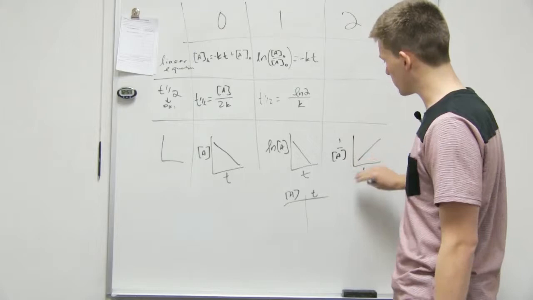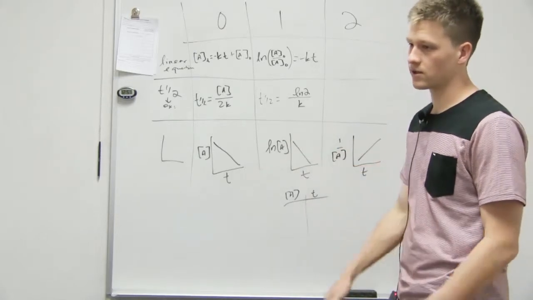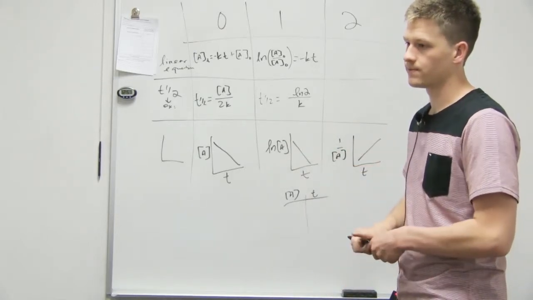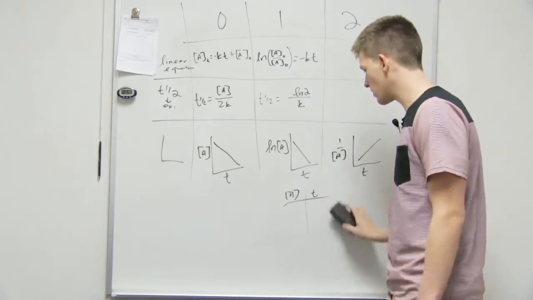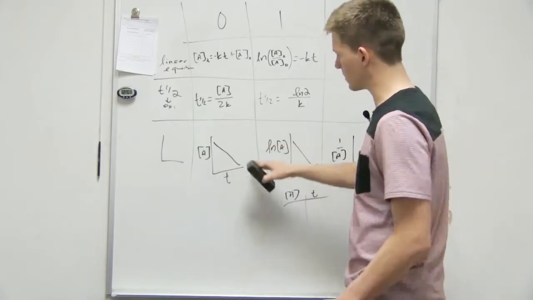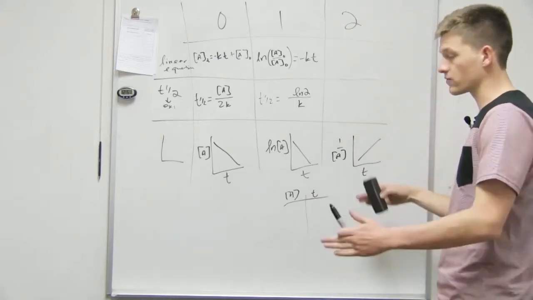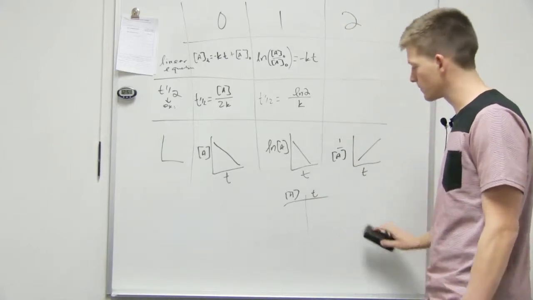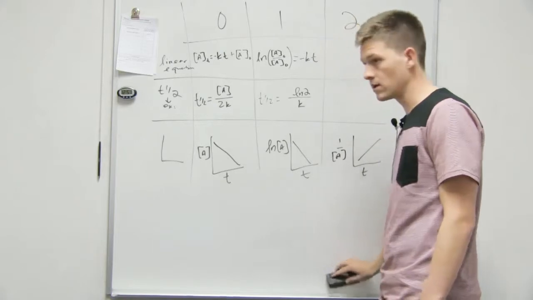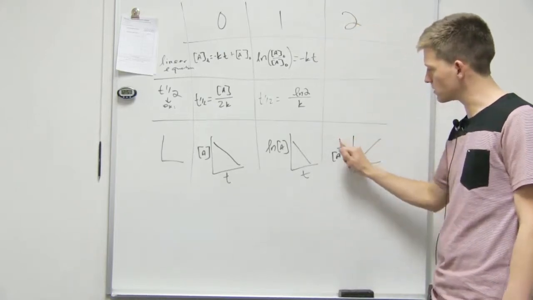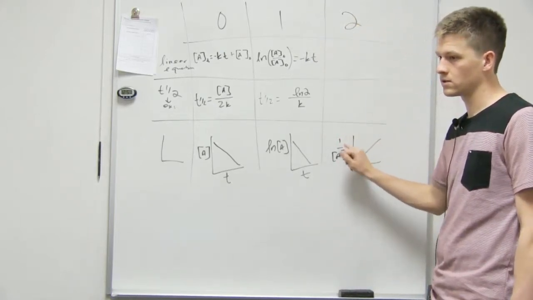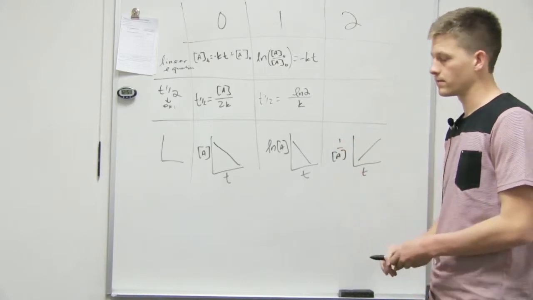Whichever one gives you the straight line is the order of your reaction. So if this one came out a curve, this one straight, and this one a curve, you'd say it's first order.